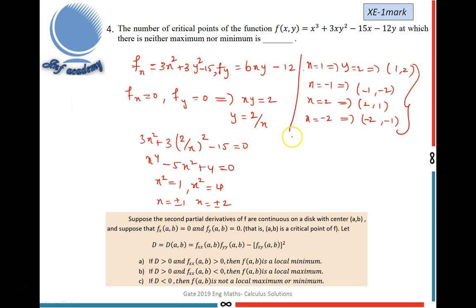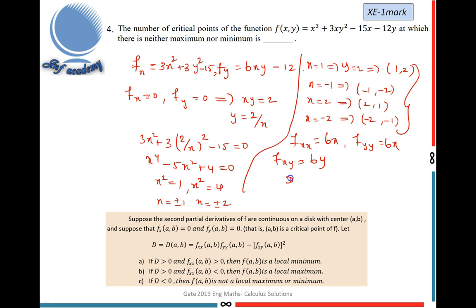So I find fxx, because D involves fxx. So what is fxx? Equal to 6x and fyy equal to, this is also 6x. fxy, what is fxy? fxy equal to 6y.